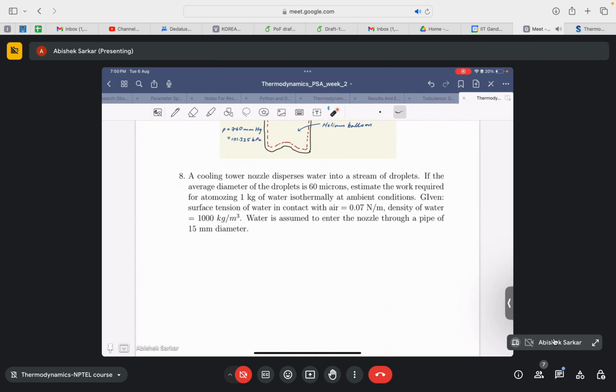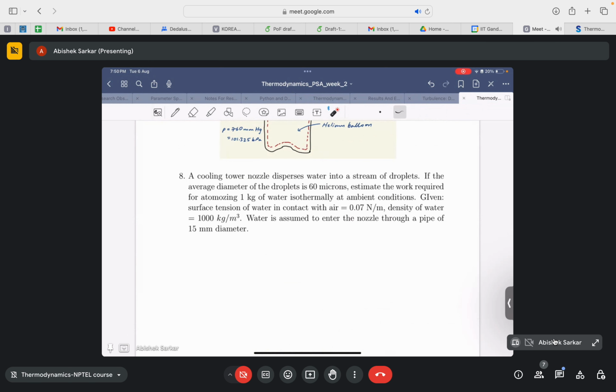Okay. Question number 8. A cooling tower nozzle disperses water into a stream of droplets. So basically, what happens is that I'll show you the diagram after the entire question is read.